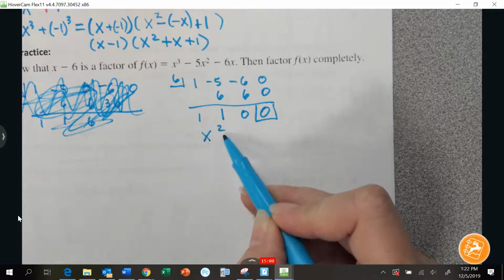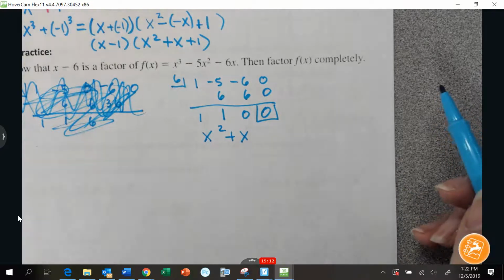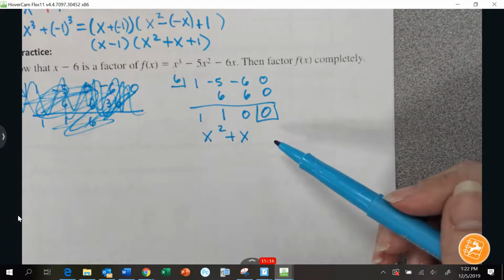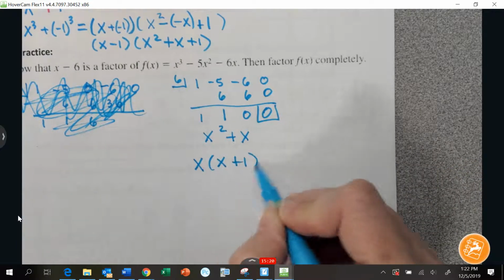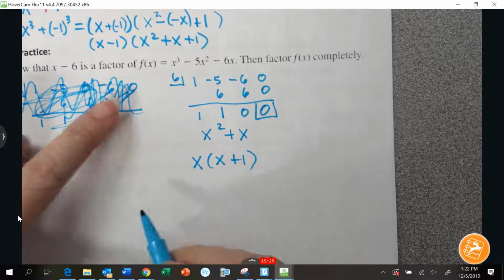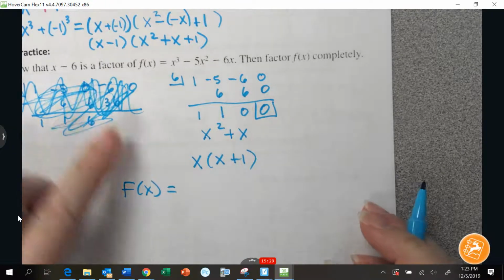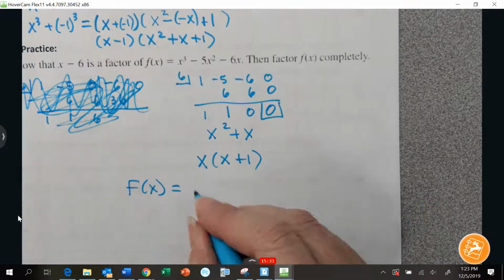Quadratic, right? And then I don't have to put in the plus 0, but I have to remember how to factor. So what's my first step of factoring? GCF. And it's factored. Let's write f of x factored all the way. If there's an x, a GCF, I usually put that first.